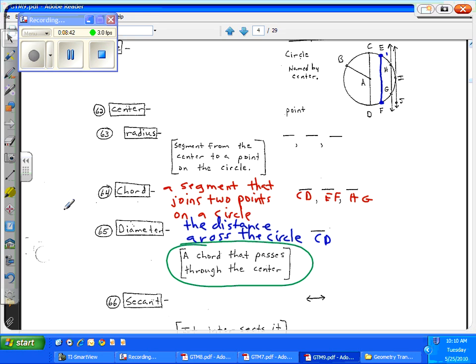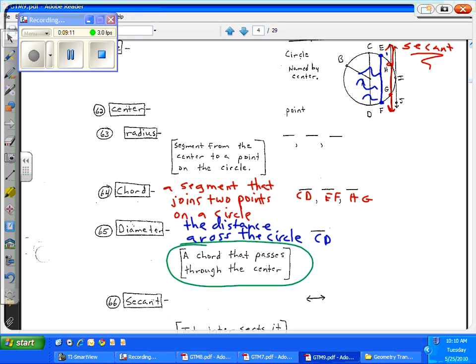And so I think of this as water in my circle. And a secant is a line that intersects a circle in 2 points. So the secant keeps on going where the chord stops. And so I say it goes through the sea, the water, and it can't stop. So the secant is the line, and the chord is the segment.